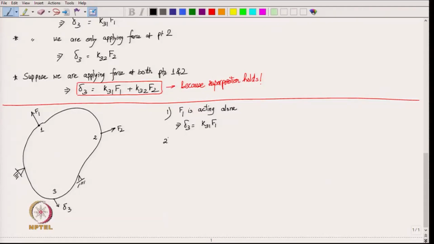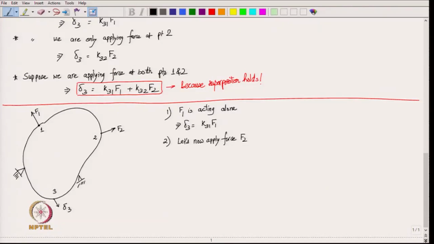Now, in the next step, let us now apply force F2. As we apply force F2, the system has changed, is not it?